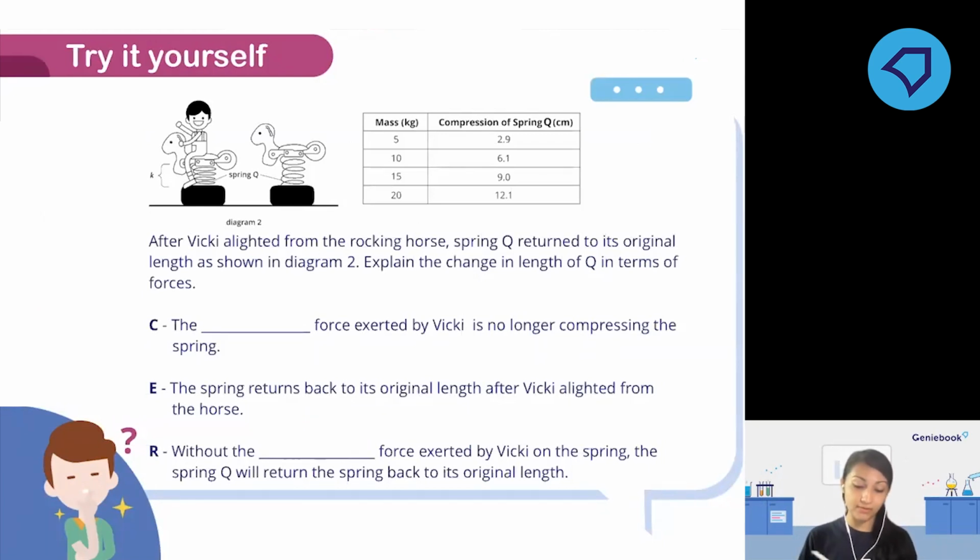Okay, Chloe said gravity force. Gravitation, yes, Ruth said gravitational force. Yes. Then the spring returns back to its original length. That is the evidence, right? And then finally, without the gravitational force, the spring Q will return the spring back to its original length. Yeah, guess this one is easy peasy.